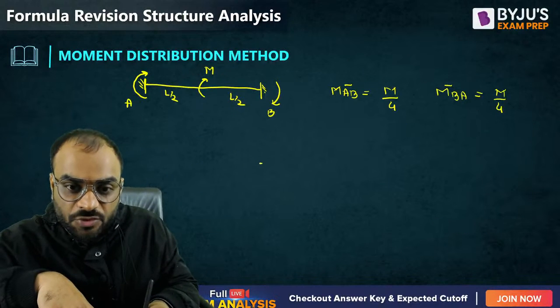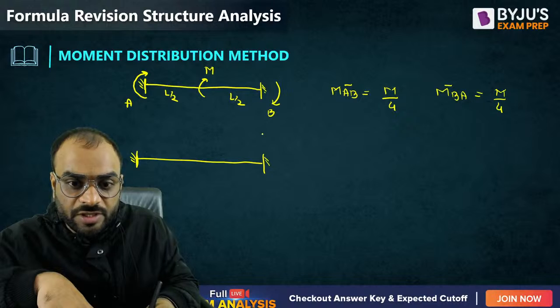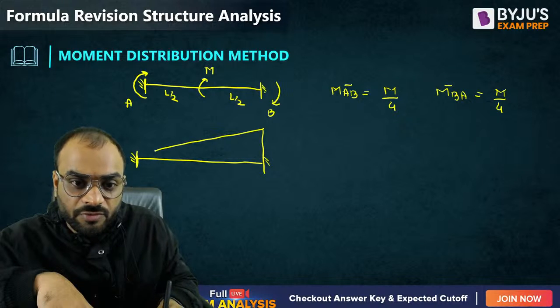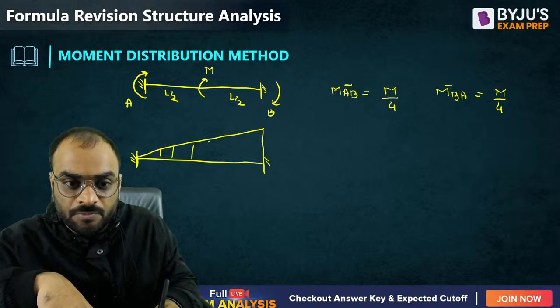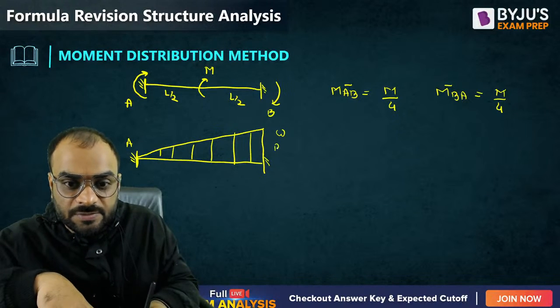Next one is if you have a UVL, a uniformly varying load like this. This is W, this is A, this is B. So we'll have a moment like this.